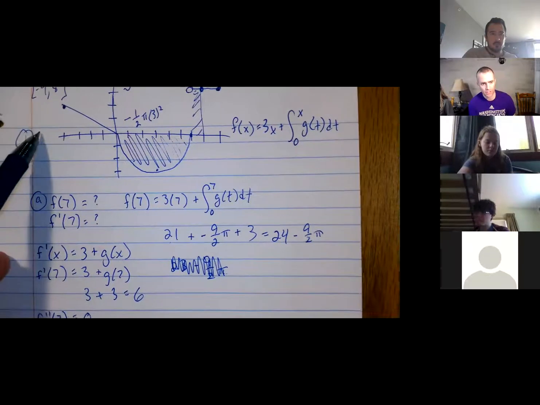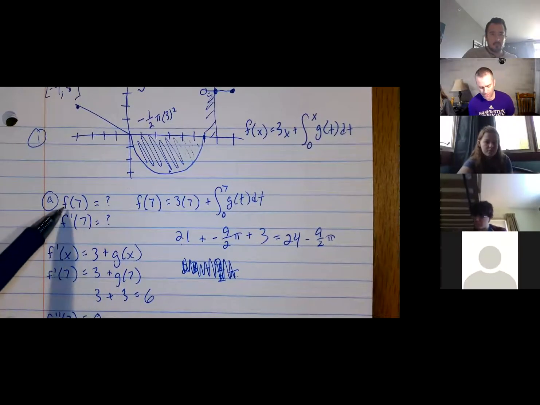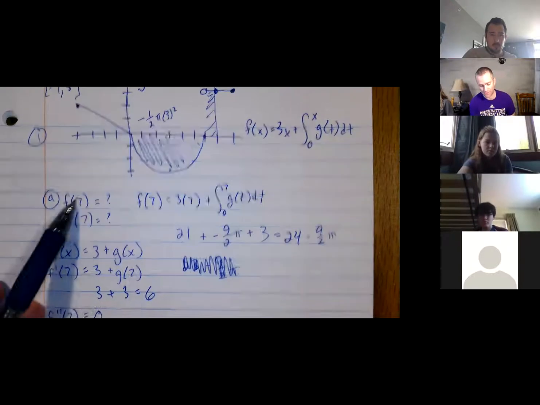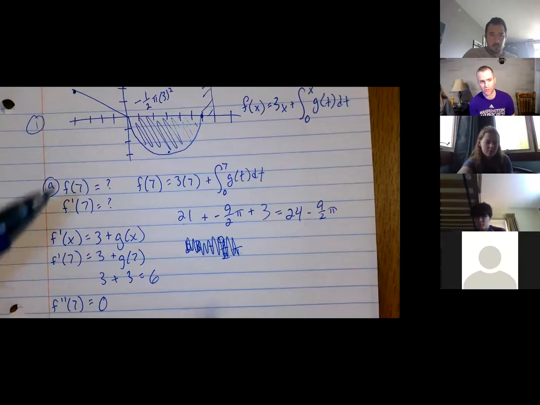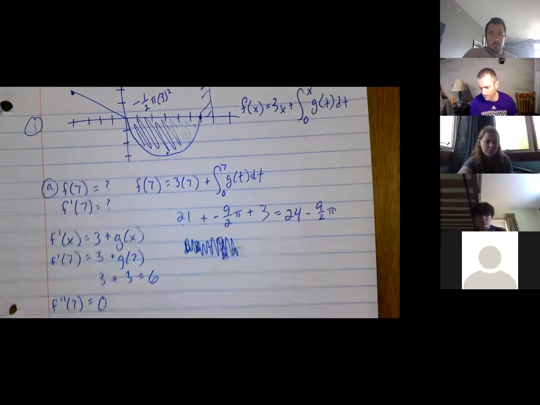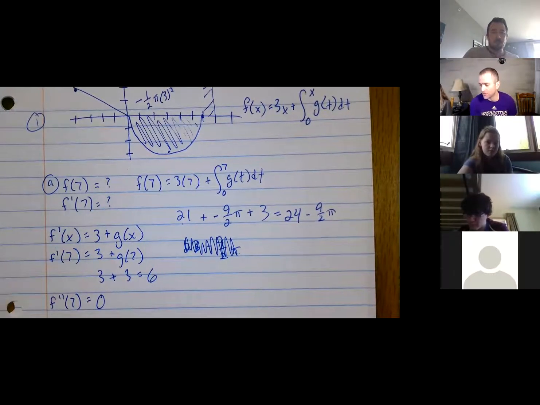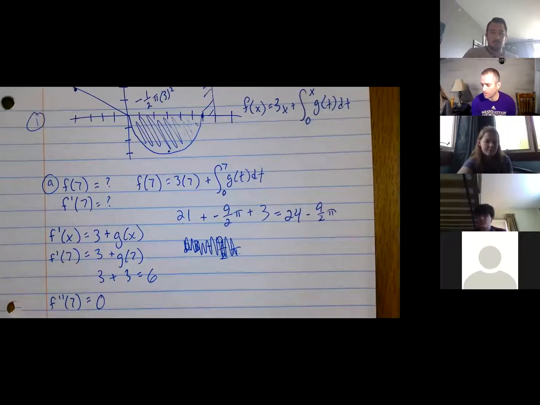And so then you're going to be asked to find f of 7, f prime of 7, and then it's very likely that you're going to be asked to find the second derivative, which is just the derivative of this graph. Okay, and we've done a number of these. You can always go back and look, and there's some additional practice. So if you see a problem like this, then this is one certainly to practice. Okay, anybody else?